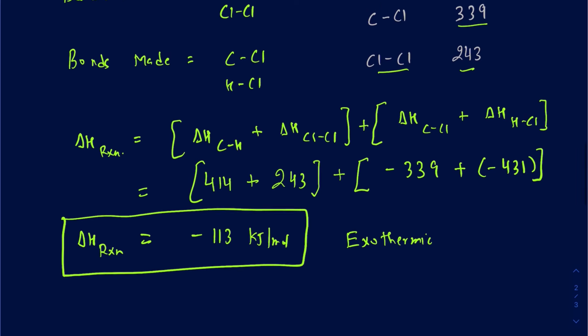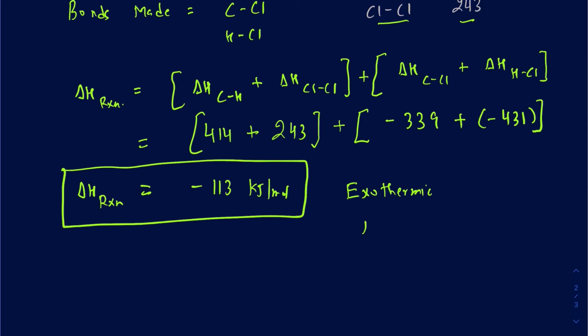Another way of saying it is that you are making stronger bonds here, and you are breaking weaker bonds. If the delta H was positive, then you would be making a weaker bond and breaking the stronger bond in that particular case.